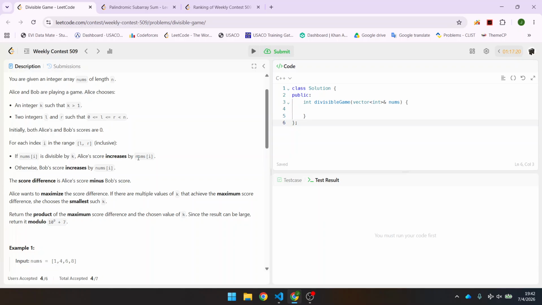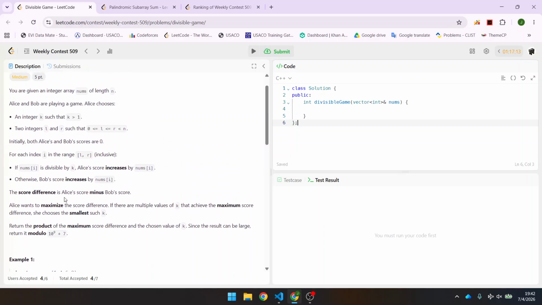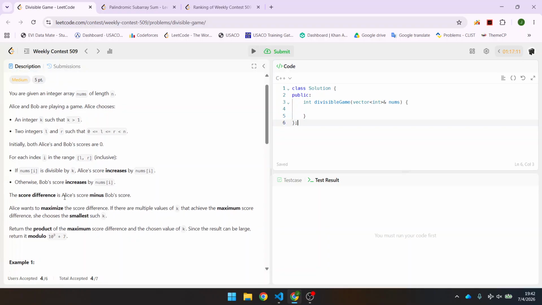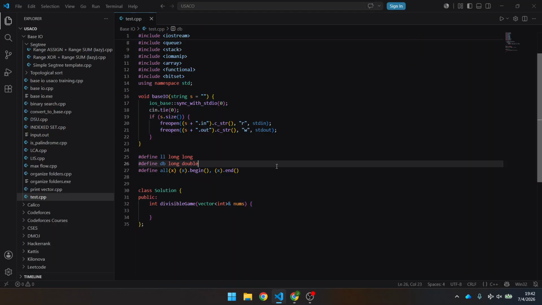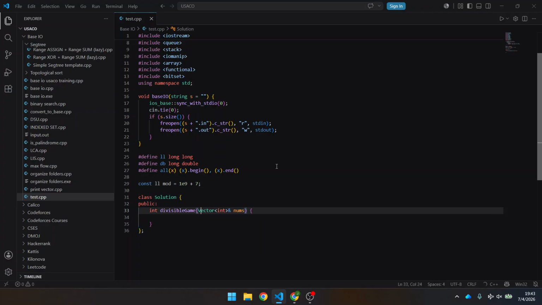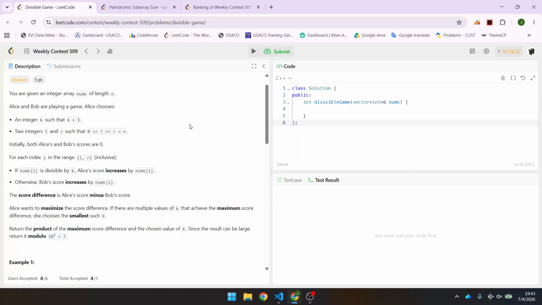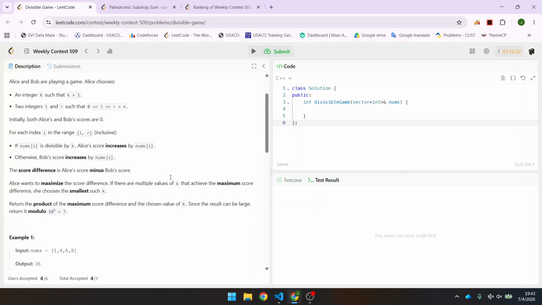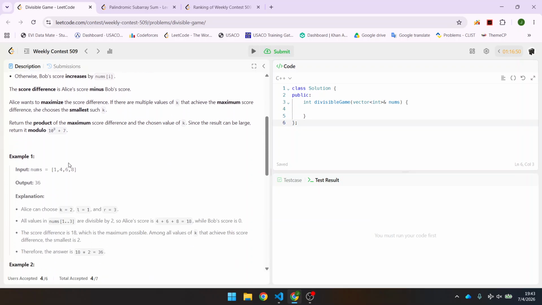If there are multiple values of K that achieve the maximum score difference, she chooses the smallest possible K. Product of the maximum score difference and the chosen value of K. Since the result can be large, output modulo 10 to the 9 plus 7. If nums I is divisible by K, Alice's score increases by nums I. Okay, so it's the numbers that are divisible minus the numbers that are not divisible.